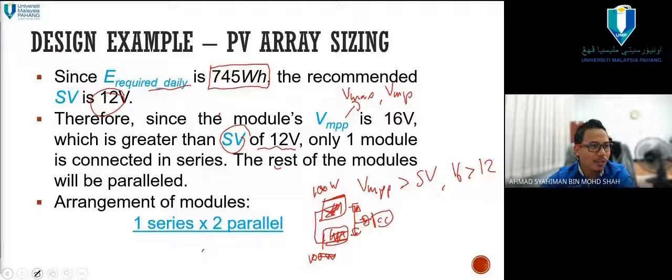Lai Chong Jin. What will happen? What is the effect once we do this kind of arrangement in parallel?